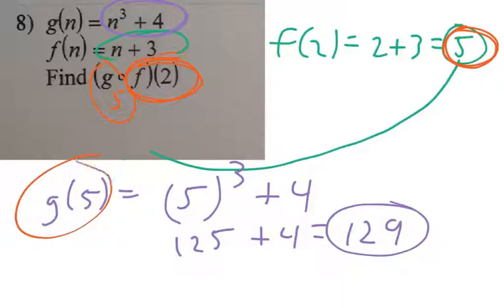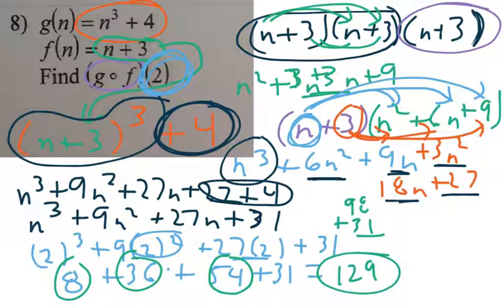And down here you can see with the g of 5 to find our answer. Again, you also could have, like this one, found g of f first and then plugged in the 2 to find your eventual solution. So anyways, guys, I hope you made sense out of this.